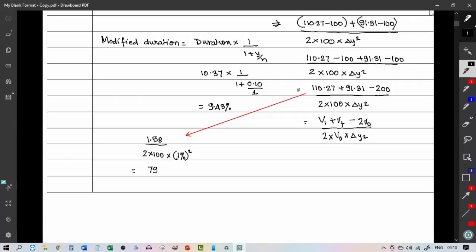Now where do we use this convexity? Now you'll notice that we found out modified duration 9.43, but we also realized that this 9.43 doesn't really reflect the true picture because it presumes a linear relationship. Therefore what we need to do is adjust this modified duration for the curvature, and the 79 which we found out is the curvature.